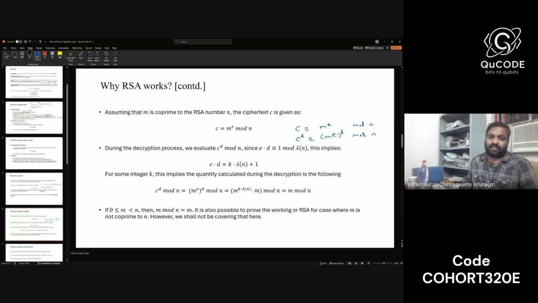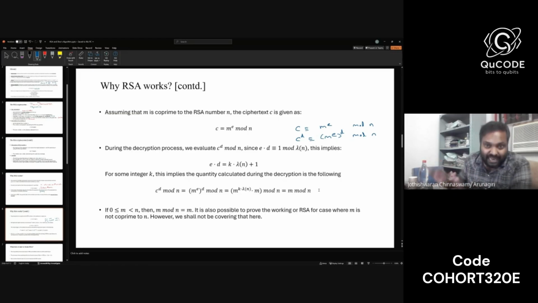That comes from Euler's theorem, because the exponential function, remember, has a fundamental period. Since it has a fundamental period, any m to the power lambda is going to be congruent to 1 mod n. 1 to the power k is again congruent to 1 mod n. So I have k plus 1, so that is another factor of n. So I will get m mod n. So the number m is obtained.